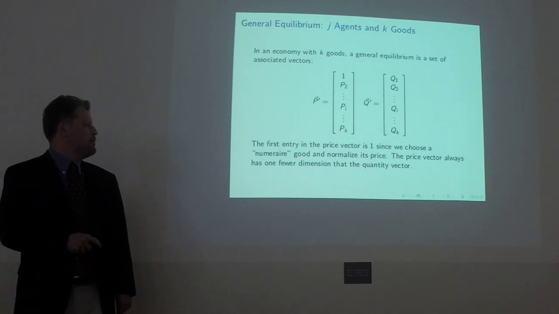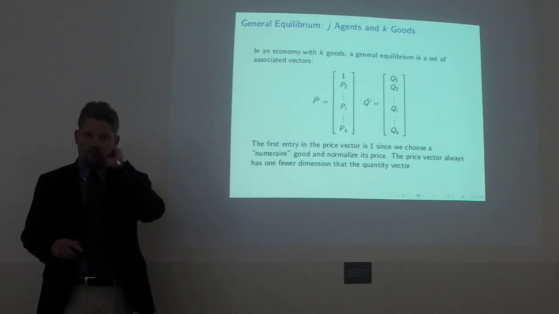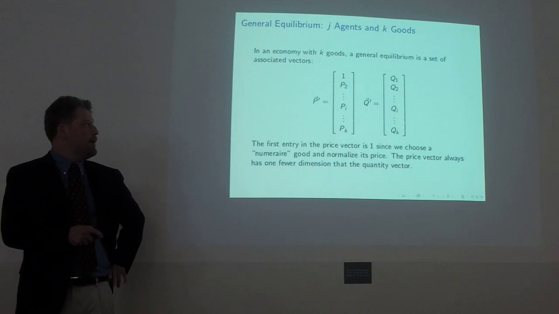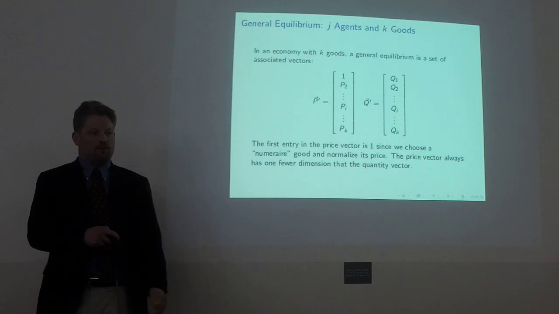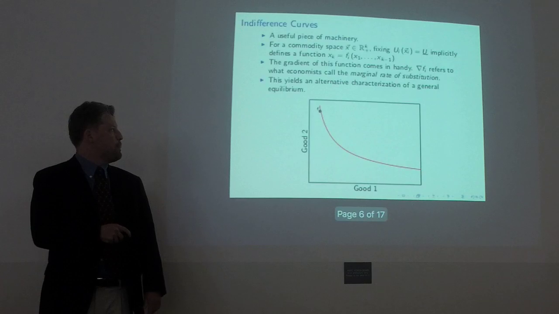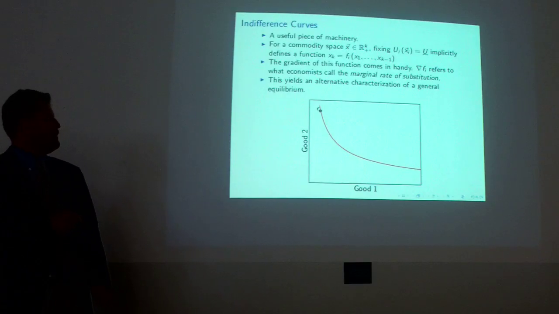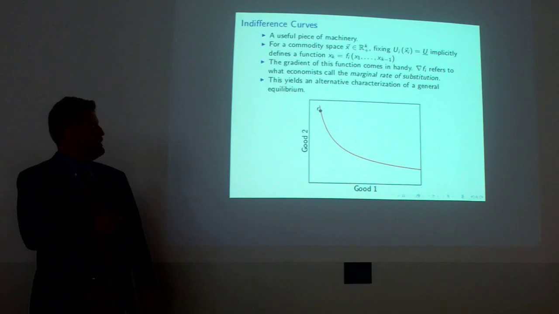Okay, so that's general equilibrium. I'm going to introduce a way of visualizing this, which is going to guide us through the rest. But first, we need to discuss indifference curves.